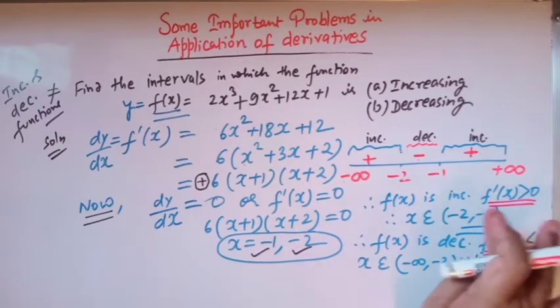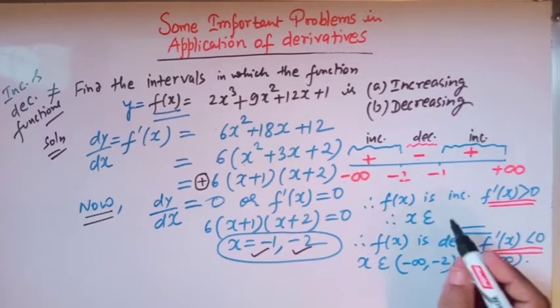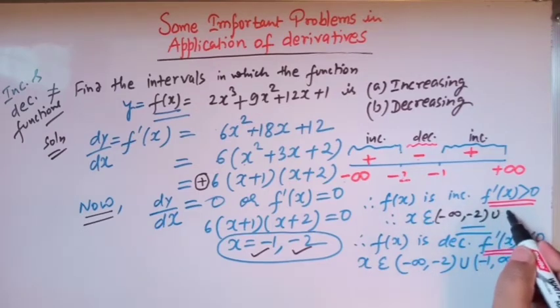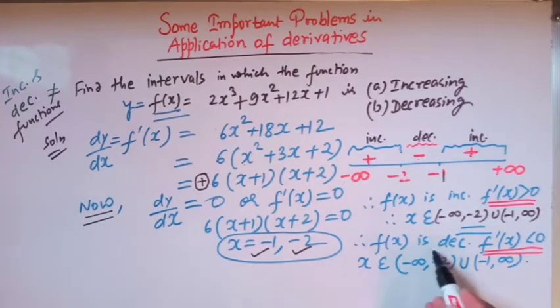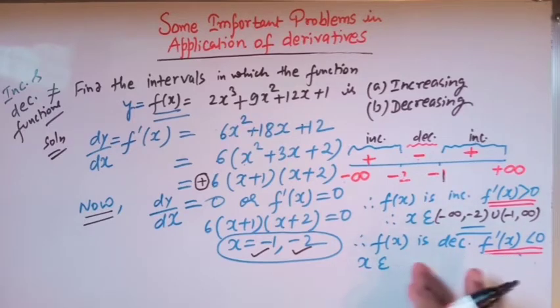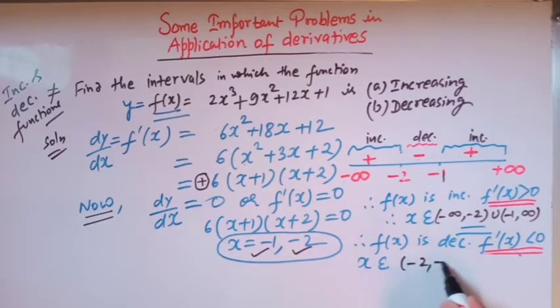So we have here x belongs to minus infinity to minus 2 union, here we have 1, so we have minus 1 to infinity, right? And f(x) is decreasing if f prime of x is less than 0. So x belongs to, now we have the interval minus 2 to minus 1, right?